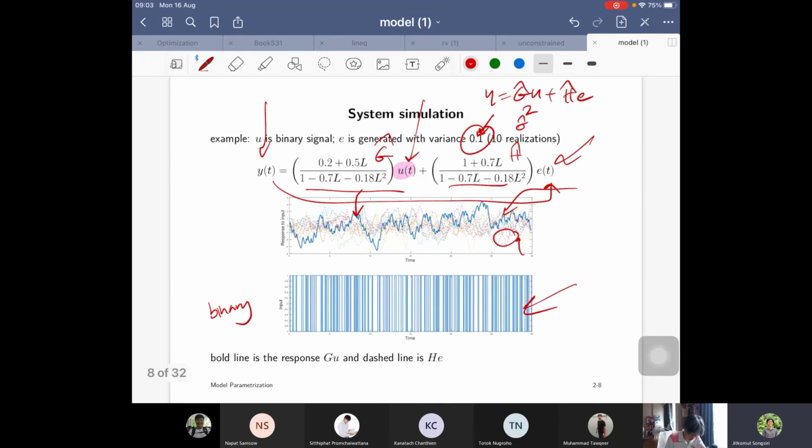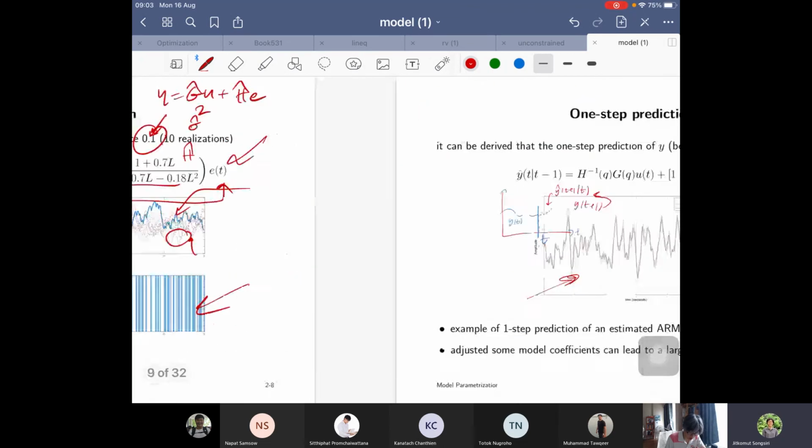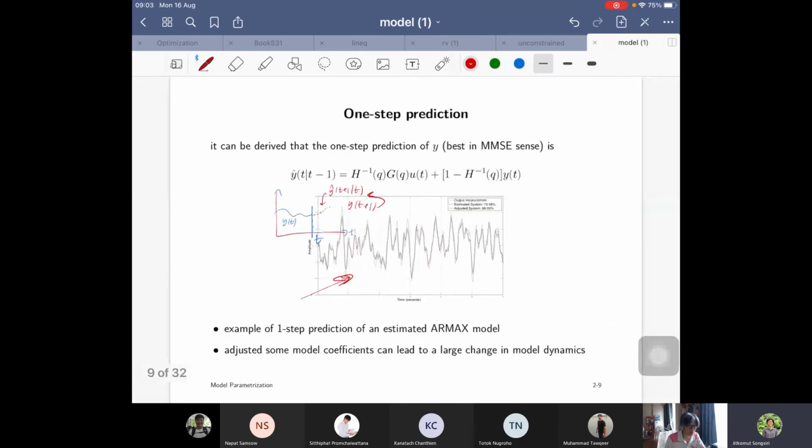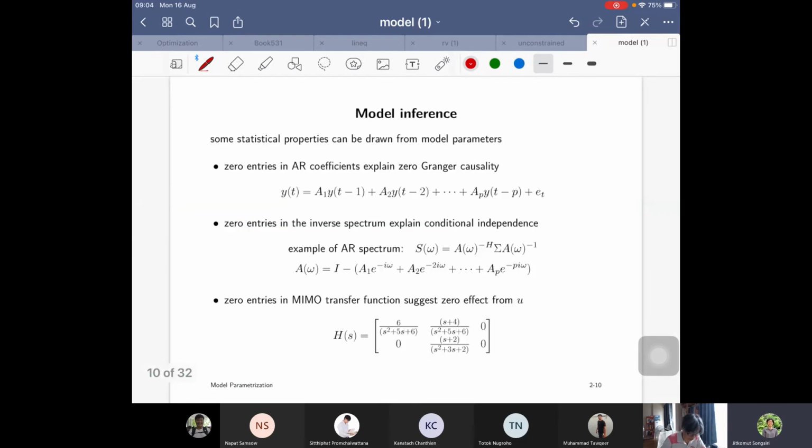I would suggest that for the first and second purposes, simulation and prediction, the computer code for these two tasks is readily available in many system identification packages and is very simple in the System Identification Toolbox in MATLAB.